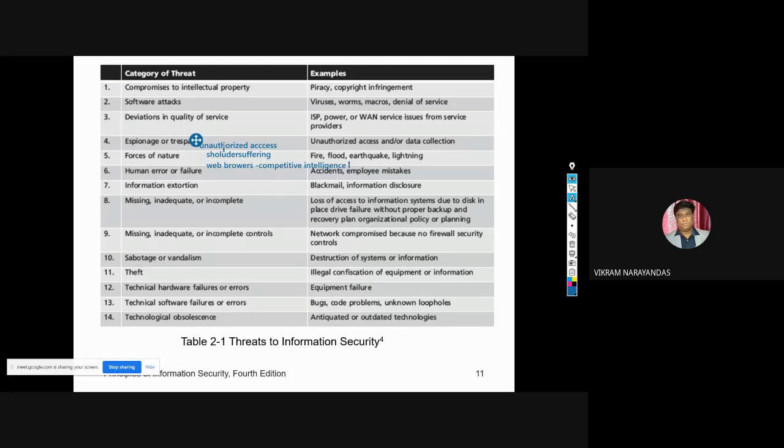So when information gatherers employ techniques across the threshold of what is legal or ethical, they are conducting industrial espionage.